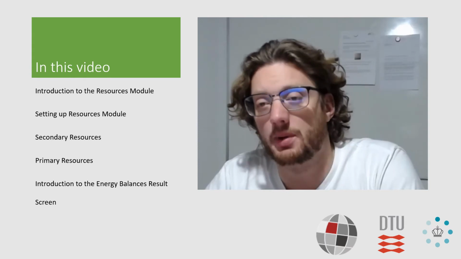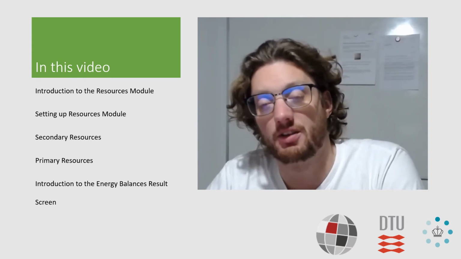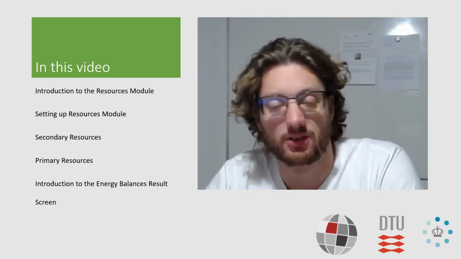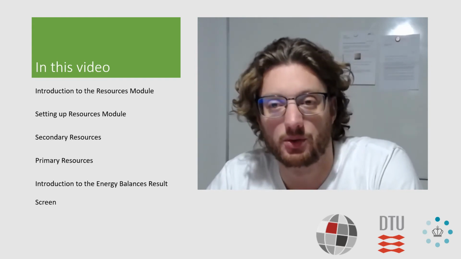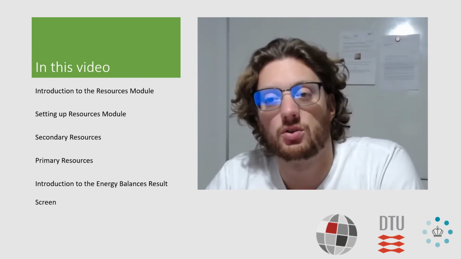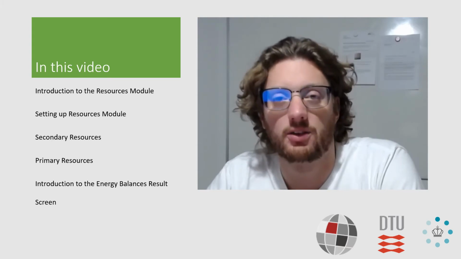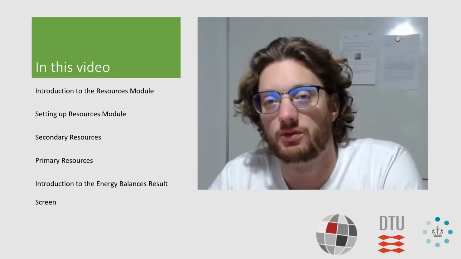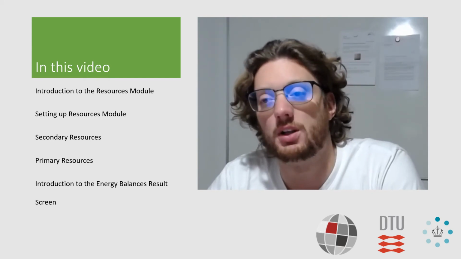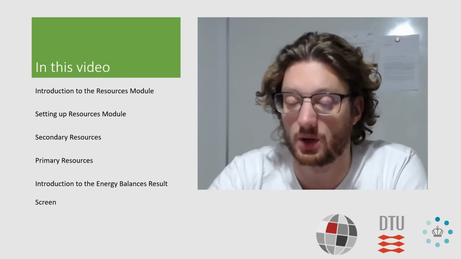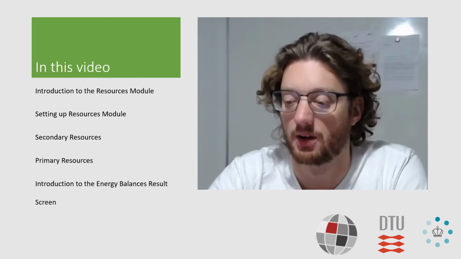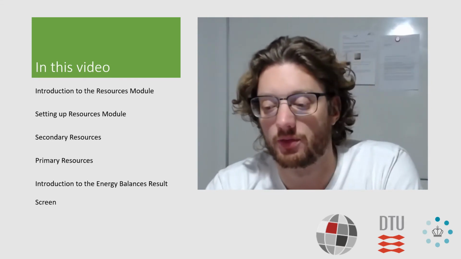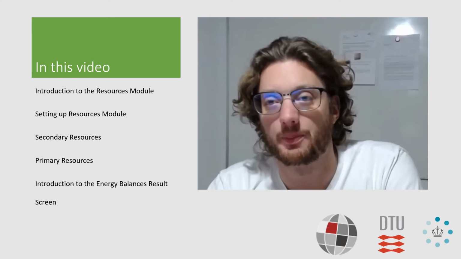We are going to talk about secondary resources or secondary fuels, and primary resources, also known as primary fuels. And then I'm going to introduce you to the energy balances result screen, which is a different way of viewing results, which gives you a really good overview of what is going on in your entire system. We are going to get to know that better, because that does involve both transformation and resources.